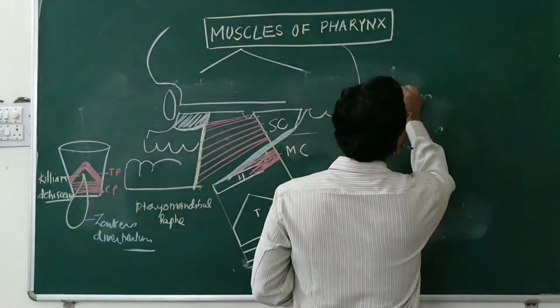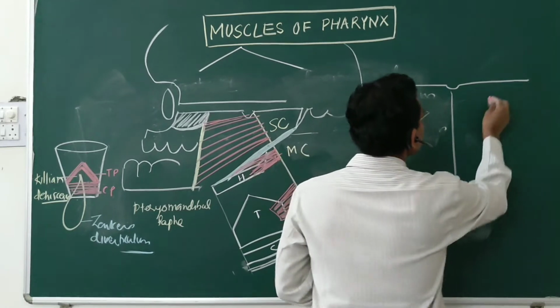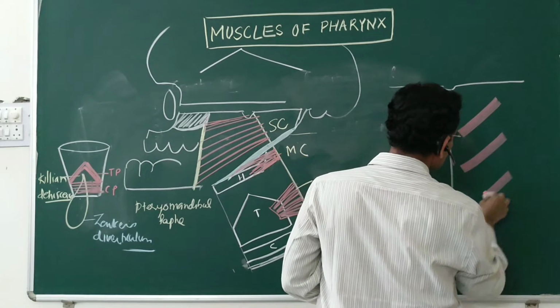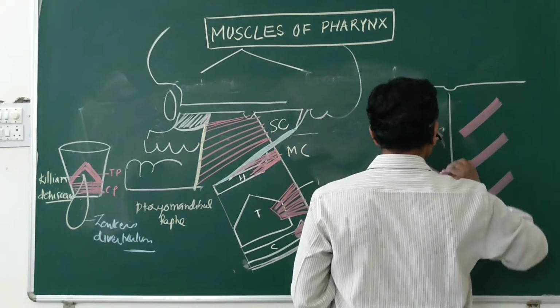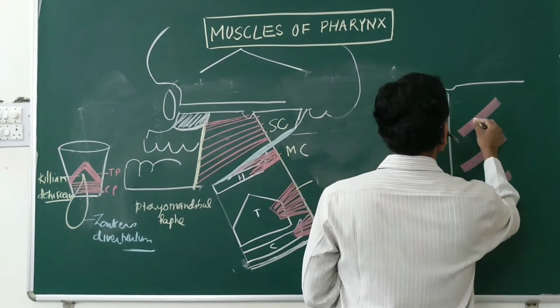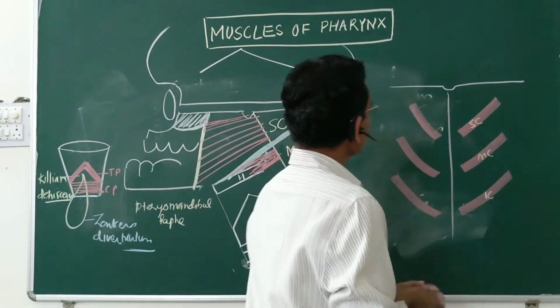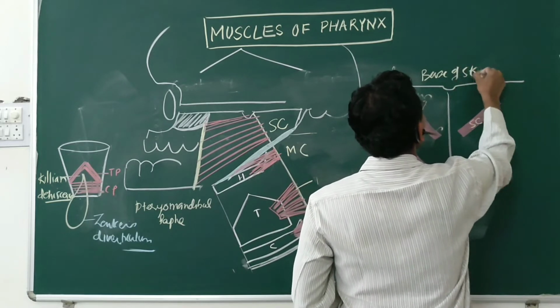This is the base of the skull, this is the medial part, and these are the superior, middle and inferior constrictors.